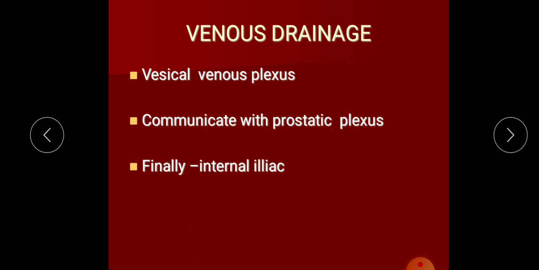From there, the vesical plexus passes through or very close to the posterior ligaments, a relation I mentioned before when the posterior ligaments were taken, and finally drains into the internal iliac vein. One thing you should remember is that the vesical venous plexus communicates with the prostatic venous plexus also. So that is the main venous drainage of the urinary bladder.